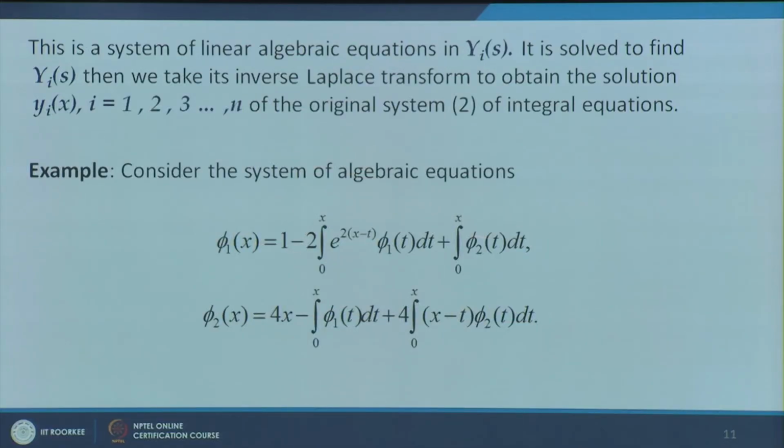We will be taking the Laplace transform of these two integral equations, and then we will get the unknown functions phi 1(s) and phi 2(s). These will be determined from the two linear algebraic equations in phi 1(s) and phi 2(s), and we shall be taking their inverse Laplace transform to determine the unknown functions phi 1(x) and phi 2(x).